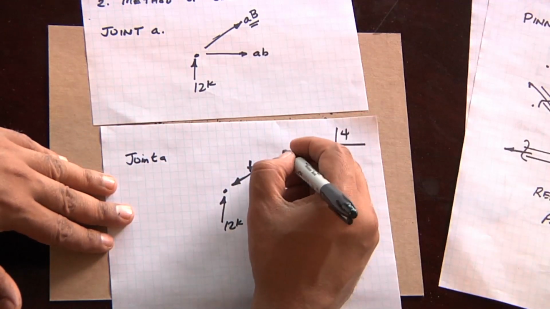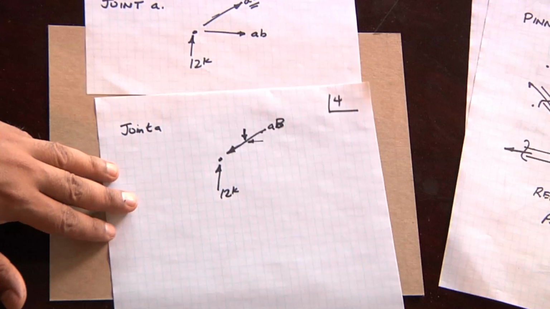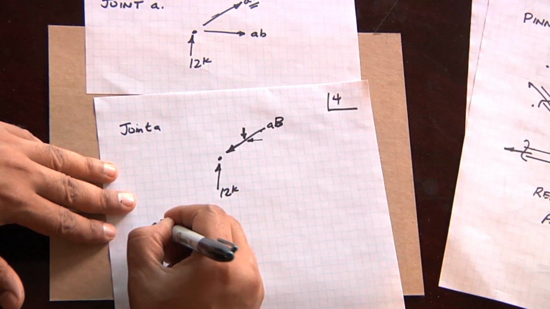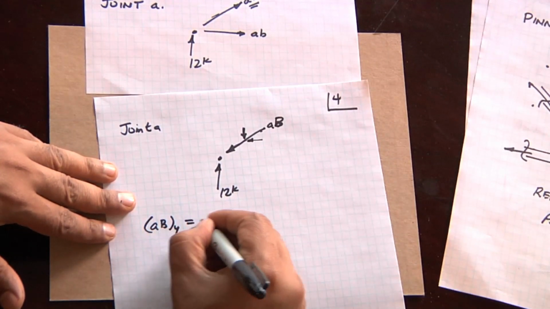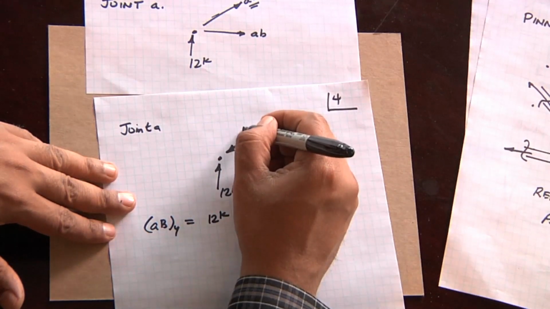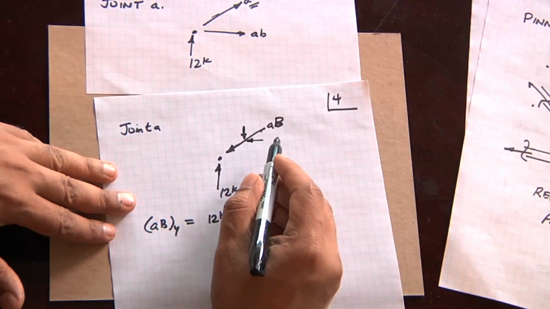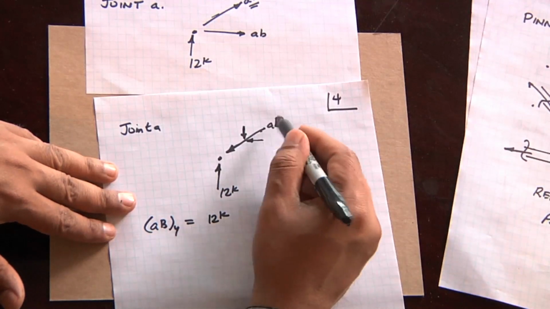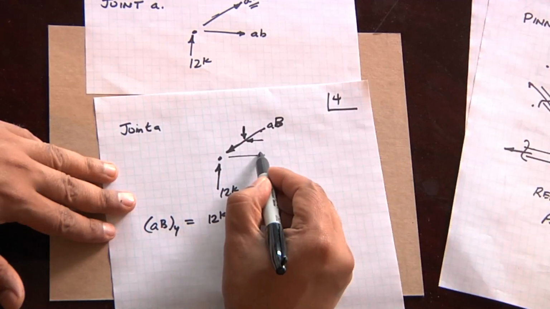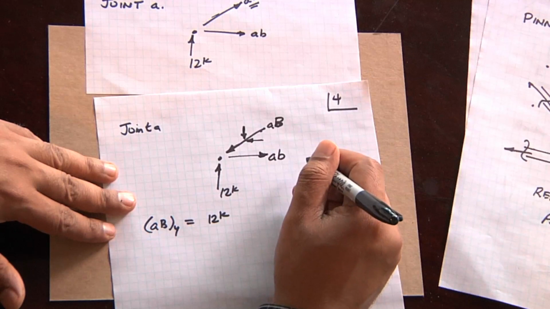So AB, A capital B, in the y direction has to balance the 12 kips. And that y component, which has to balance this component, automatically tells us that this component of the AB chord force has to be going to the left, which tells us that this force on the lower chord, A lowercase b, is going to the right.